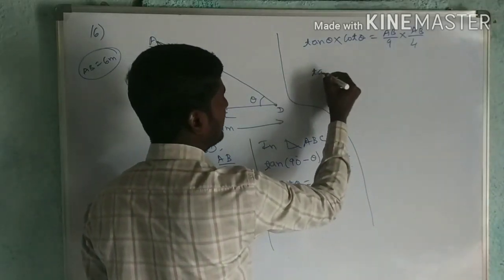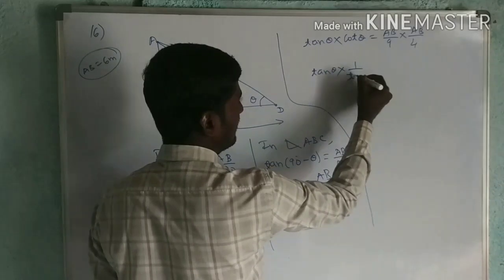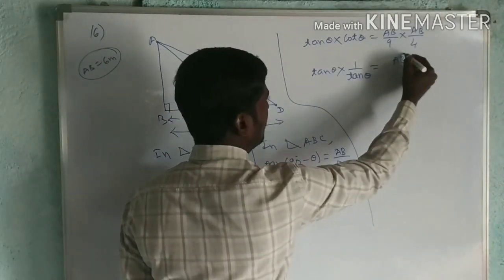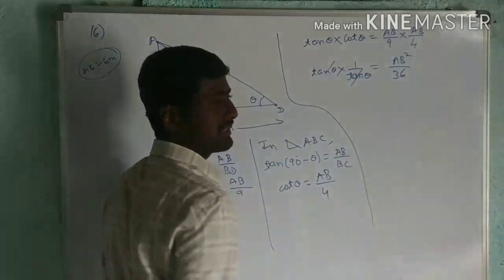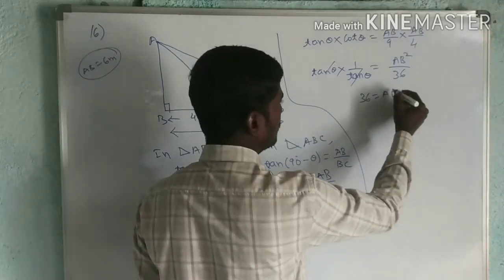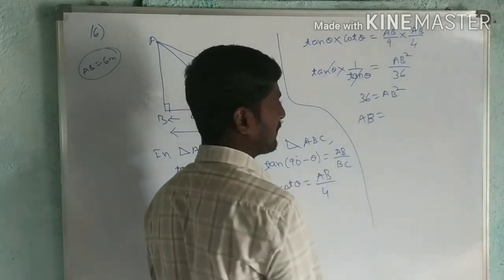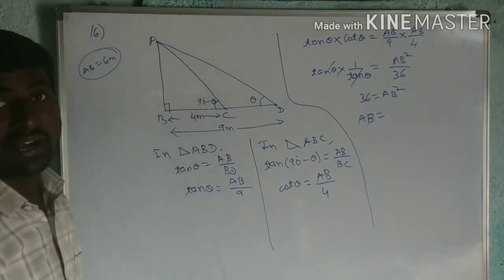So this tan theta into 1 divided by tan theta, cot theta is nothing but 1 divided by tan theta. AB into AB, that is AB square divided by 9 into 4, which is 36. Tan theta gets cancelled. 36 is equal to AB square. Now AB is equal to plus or minus 6. But AB here is the height of the tower.